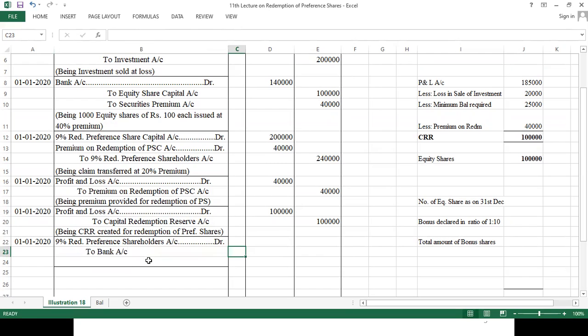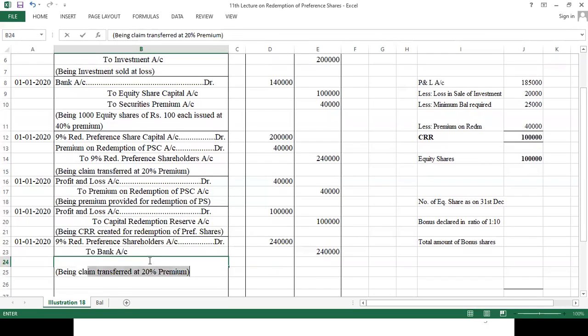Now here there is no case of any untraceable preference shares, so we are going to give the entire amount of 2,40,000 to holders. So here in the narration we will write being claim settled at 20% premium.